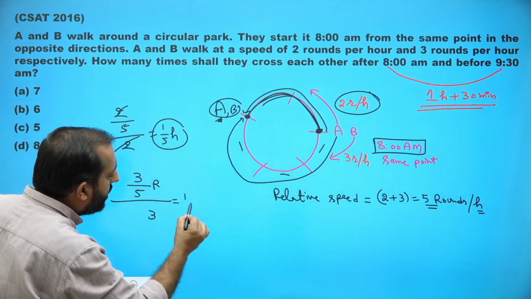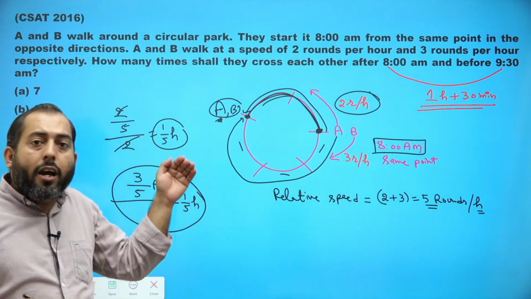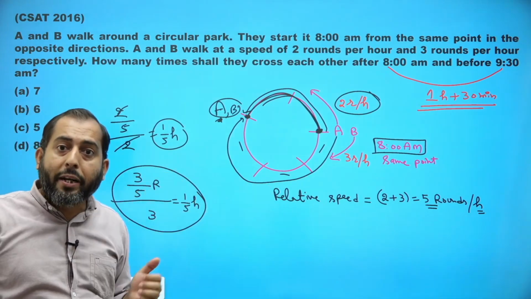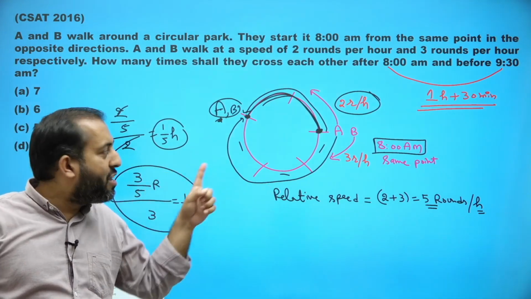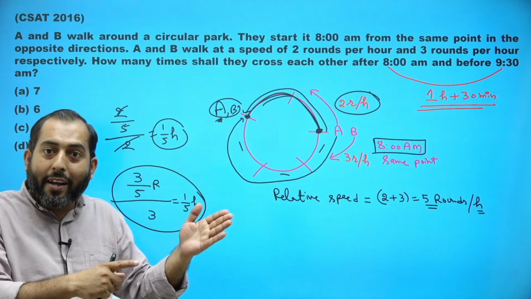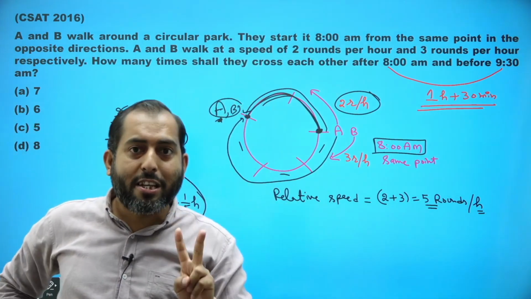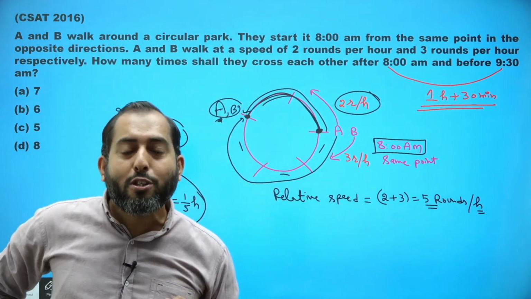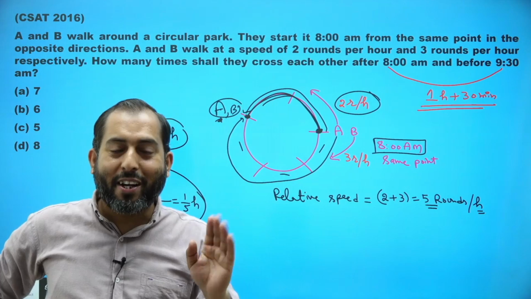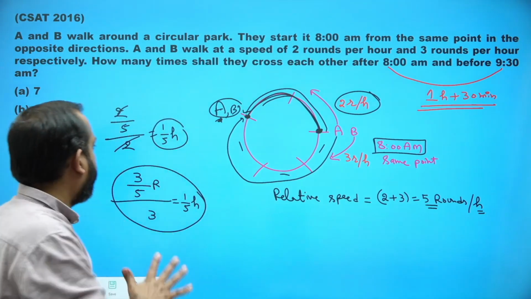So I can see in 1/5 of an hour they are meeting. They will meet every 1/5 of an hour. So what is 1/5 of an hour? 1 hour is 60 minutes, 60 divided by 5 is 12 minutes. So they are meeting each other after every 12 minutes.